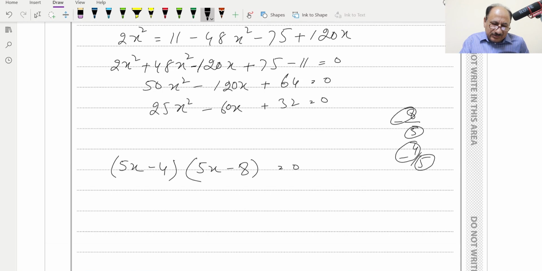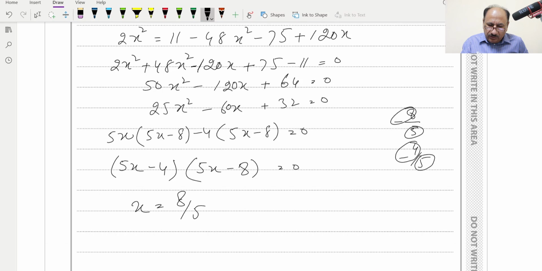For the intermediate step, for the gap, we will write this 5x and then in bracket 5x minus 8 and minus 4 over here, and then 5x minus 8 is equal to 0. This will be the working which we are providing, and then we can write it as x is equal to 8 by 5 and x is equal to 4 by 5. These will be the values of x.